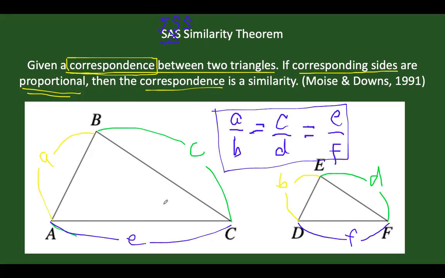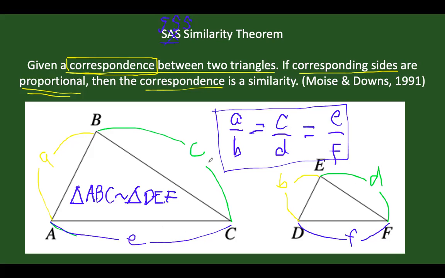So therefore, we could say that triangle ABC is similar to triangle DEF based on our assumed correspondence.